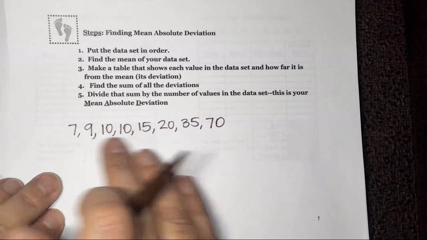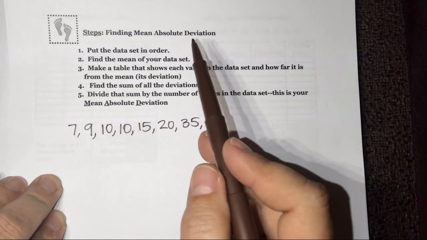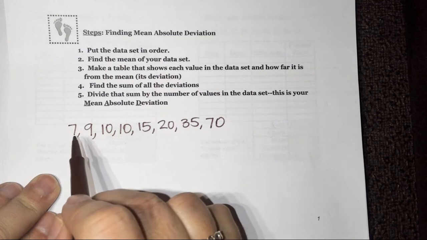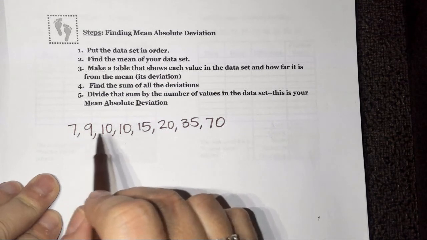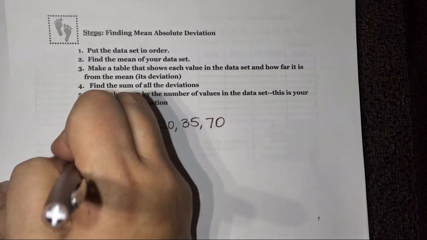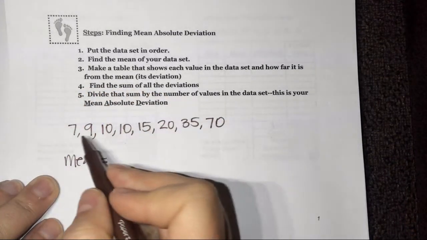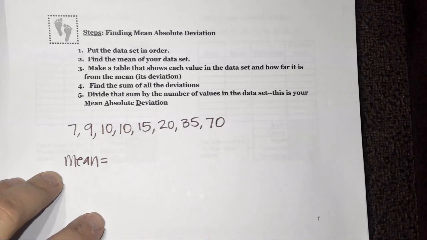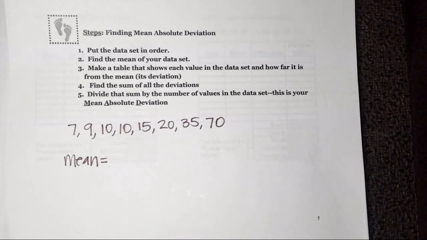Now, once I have listed my numbers in order, that's step 1, I'm going to find the mean of my data set. So real quick, you guys do this. Use your calculator. Add all of these together, and what are we going to divide by? Not 2. 1, 2, 3, 4, 5, 6, 7. Yes, we're going to divide by 8. So add them all together and divide by 8.